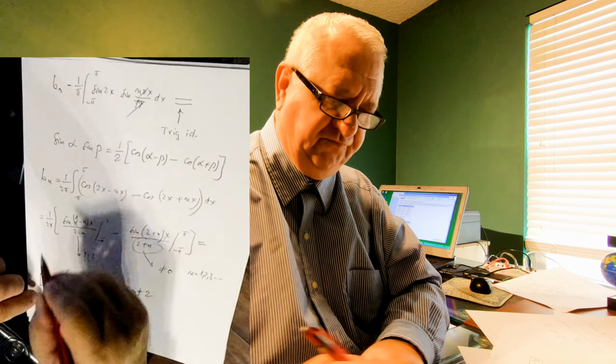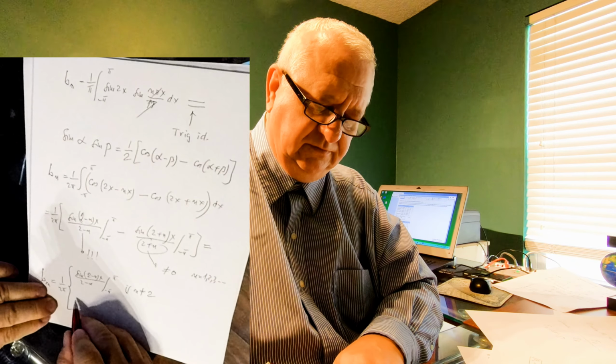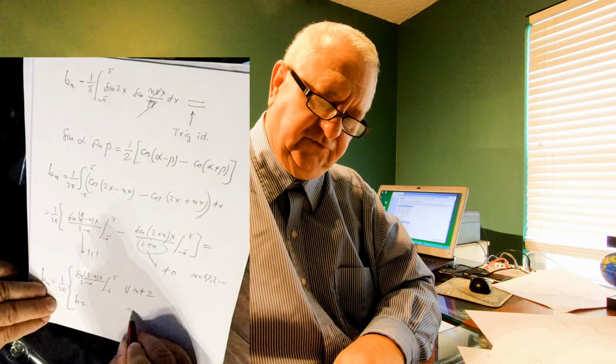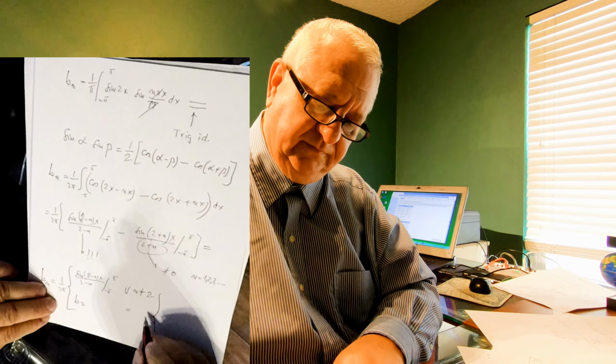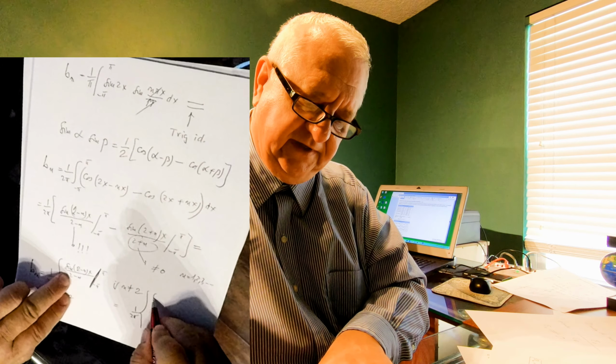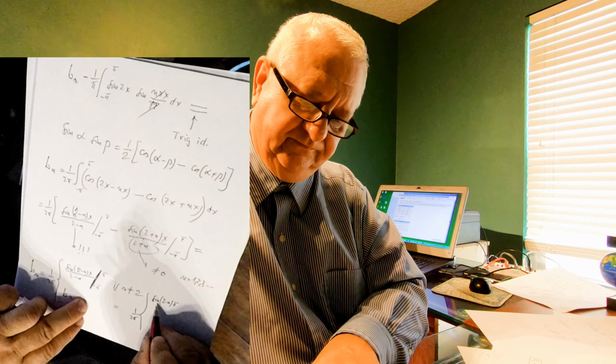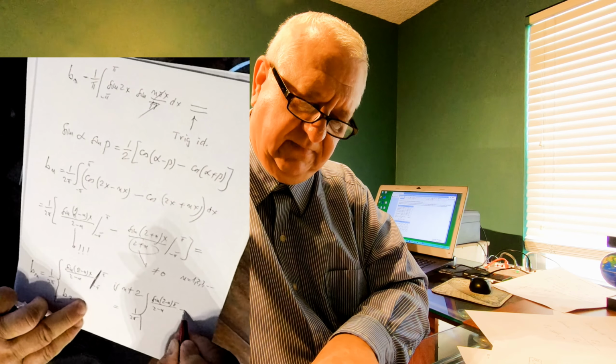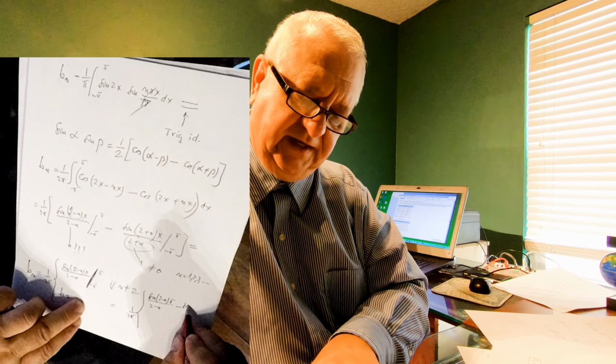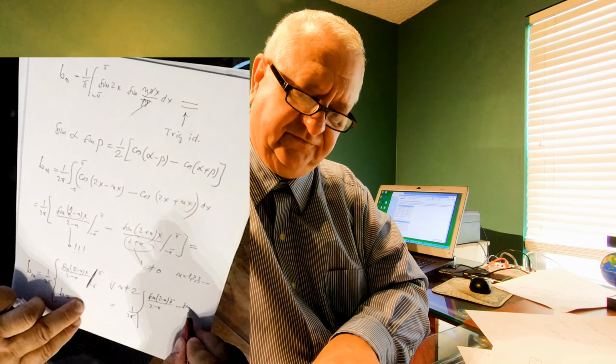It is the original formula, b2. So I have 1 over 2 pi, and then let's calculate this finite difference: sine of (2 minus n) times pi over 2 minus n minus, fundamental theorem of calculus, sine of (2 minus n) times minus pi over 2 minus n, if n is not 2.